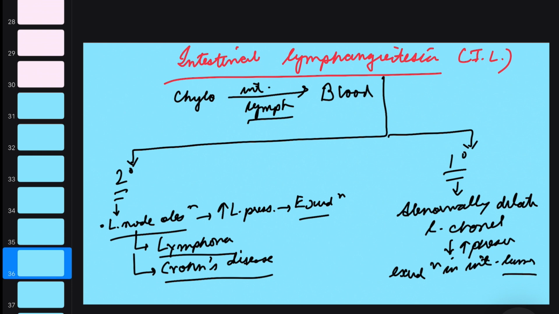So here the cause is not secondary to some tumor, some stone, or some lymph node. No. Due to some genetic defect, the intestinal lymphatics in persons who suffer from primary intestinal lymphangiectasia are already abnormally dilated. It has a lot of pressure. So due to high pressure, lymph will exudate and move into the GI tract.